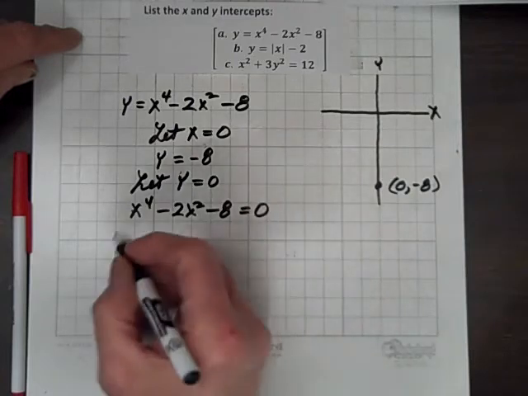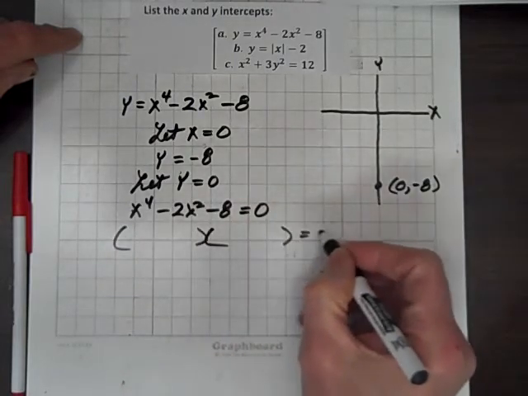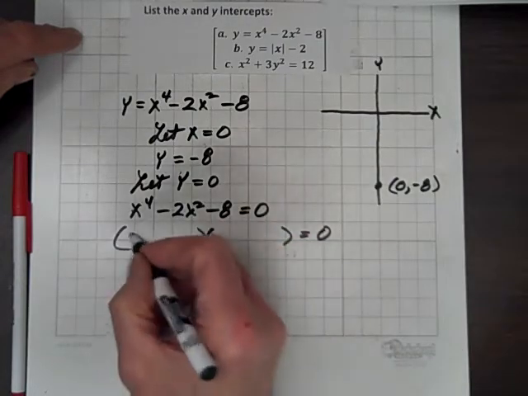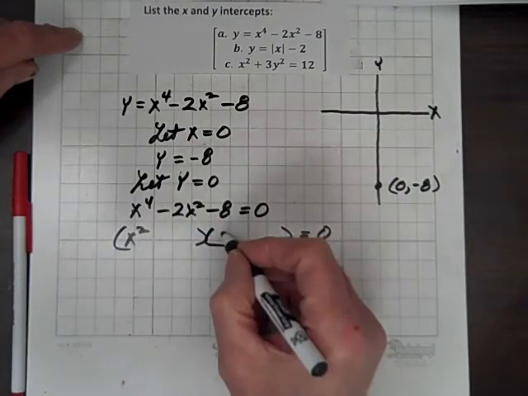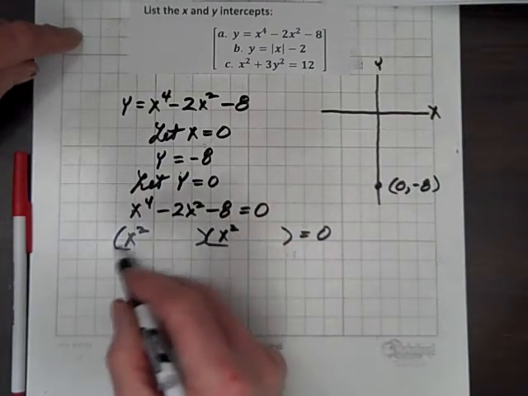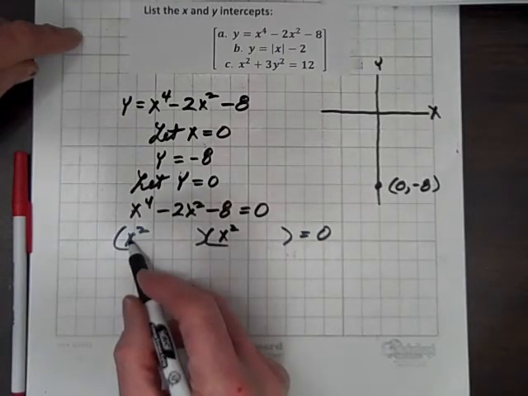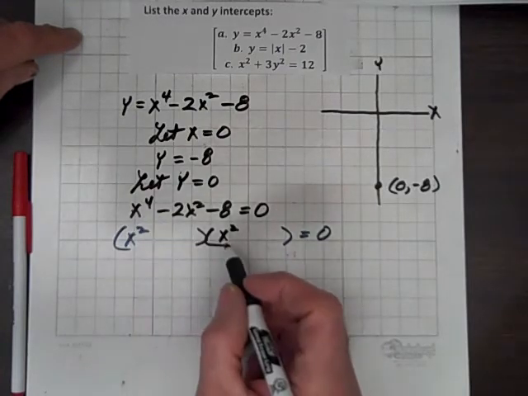Now this factors. x squared, we chose x squared, and x squared is the two leading terms in each of these factors because the product of x squared times x squared is x to the fourth.